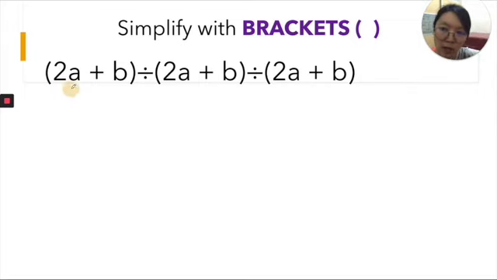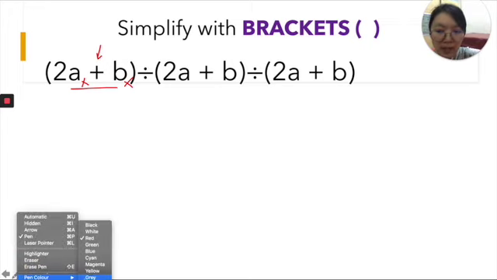Again, when I have bracket, check inside. When I check inside, can I simplify? Plus, not like terms? No, so not possible. I want to look at the entire bracket.